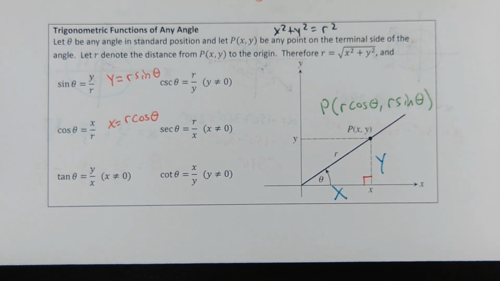Almost like there's a whole other coordinate system that instead of using x's and y's, it uses r's and thetas. And there is. It's called the polar coordinate system. And you will learn a lot about it in AP Pre-Calc next year.